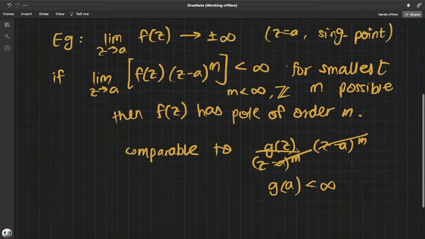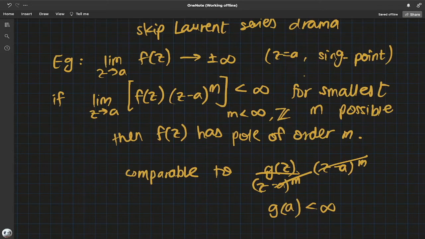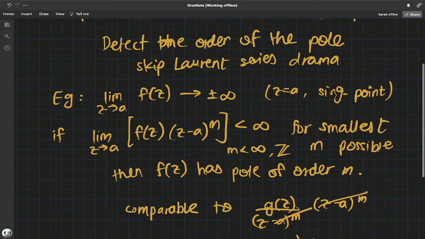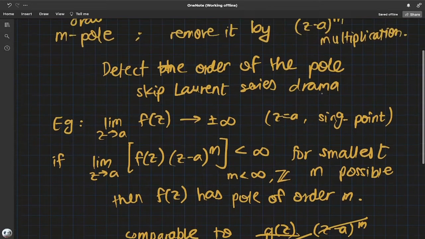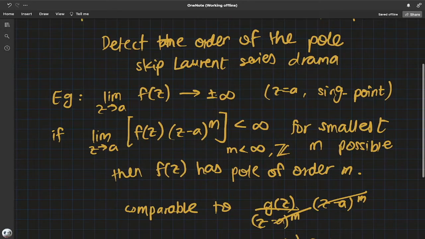Again, since we want to find the smallest m, we should start with case 0. So when m is 0, which is basically the definition of a singularity, it's going to diverge, because we first want to check if it's a singularity or not, otherwise it can be misleading, like sine of z over z. Then you multiply by z minus a to the first, take the limit.